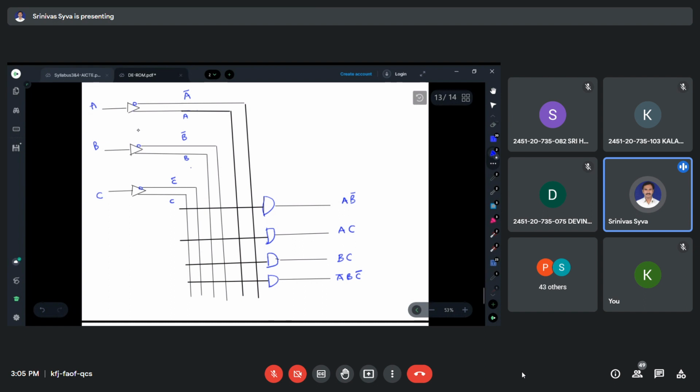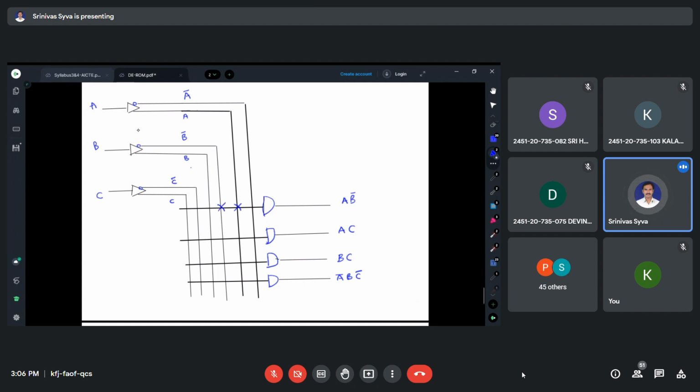That means here A, B bar. That is, there is a connection between A and B bar. A means here, this is connected with this. B bar means here a connection is there.